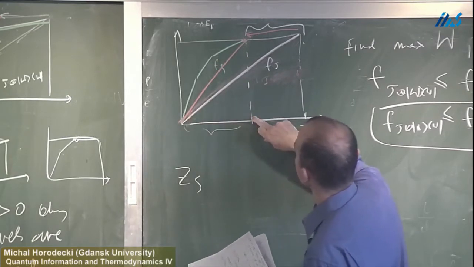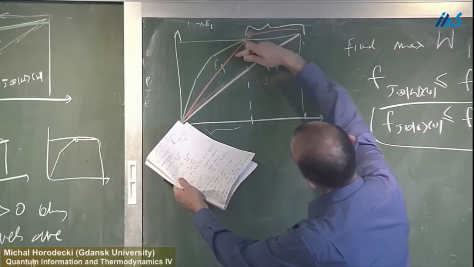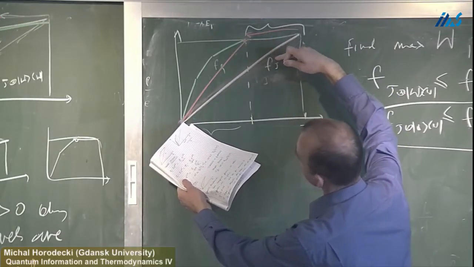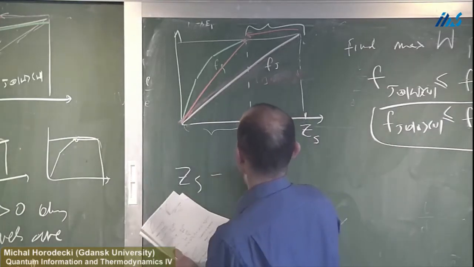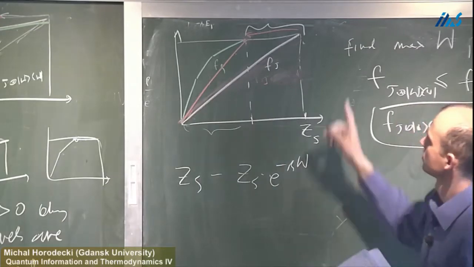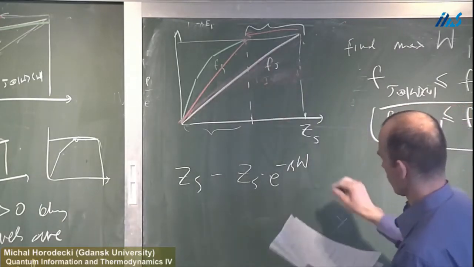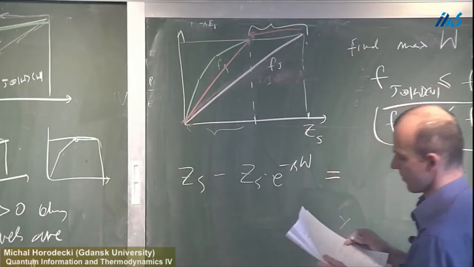But what is this thing? Well, to get this diagram, I rescaled the x-axis by e^(beta w). So this should be just times e^(-beta w). Right? So this is this thing. But on the other hand, what is it?